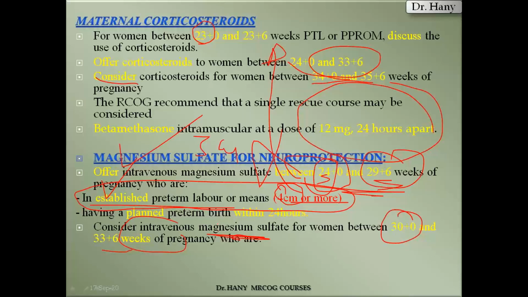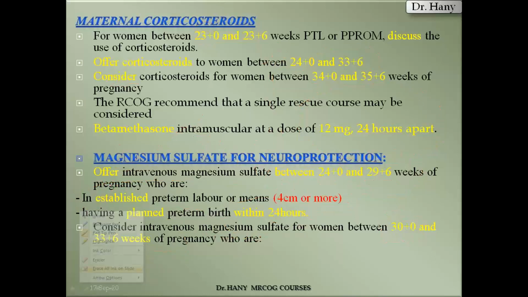Or you will do an elective birth, induction of labor or cesarean section, within 24 hours. The woman has a planned preterm birth, either cesarean section or induction of labor, due to IUGR. So I will offer magnesium sulfate in this situation, again between 24 and 30 weeks of gestation, less than 30, 29 plus 6.